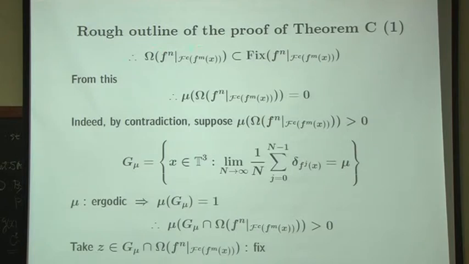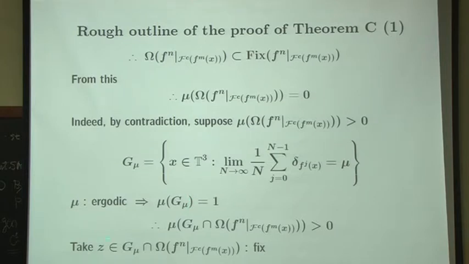Then the non-wandering set is contained in the fixed point set. In fact, we consider such a kind of set. It is well known that since mu is ergodic, the measure of such a set is equal to 1.